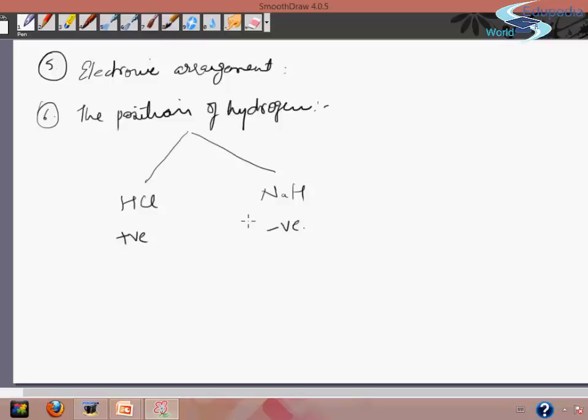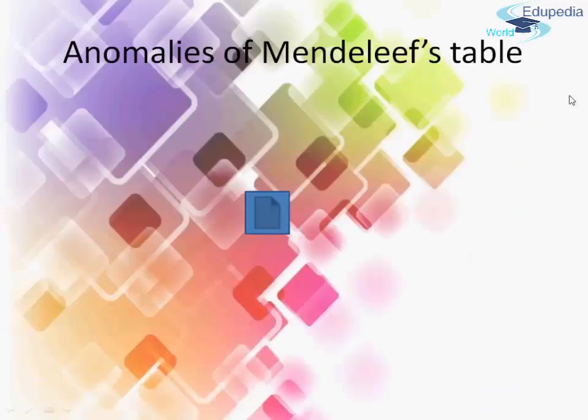So friends, these are some defects which came in Mendeleev's periodic table, which gave rise to the modern periodic table by Henry Moseley, that we shall discuss in the new learning section.